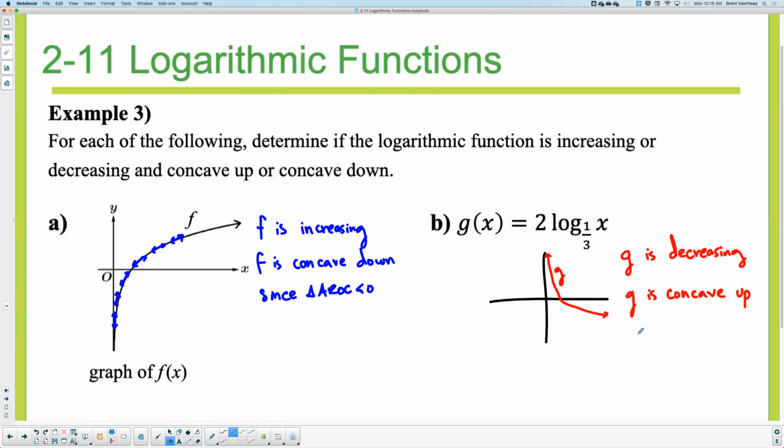So G is concave up since delta AROC is greater than 0, meaning, just translation, the average rates of change are increasing. That's all that means.